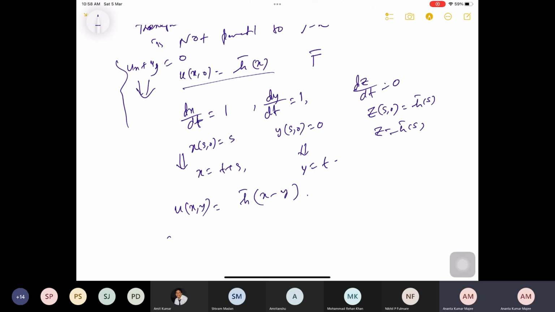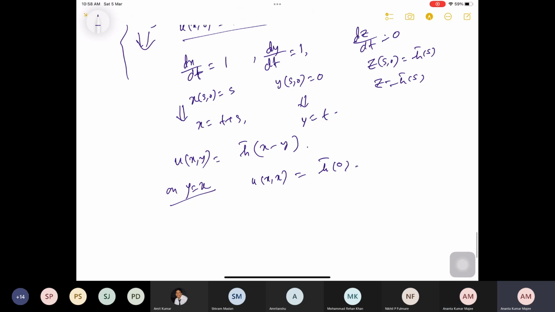So therefore, on y is equal to x, u of x, x is equal to h bar of 0. So if u is a solution to your underlying problem, then necessarily it should satisfy that h of x is equal to h bar of 0.